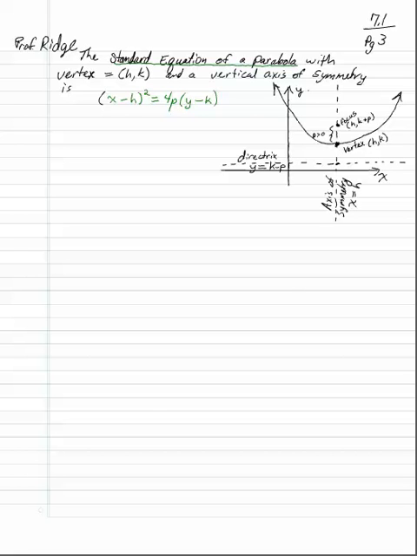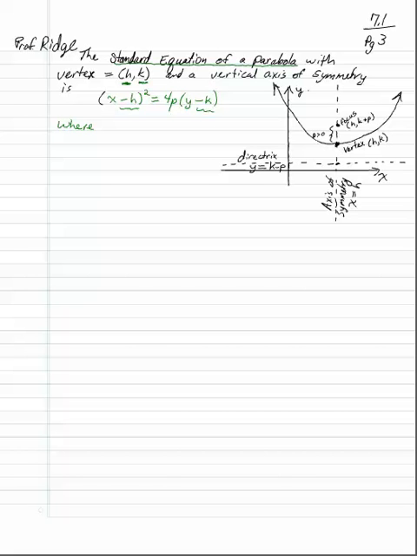Now note, the vertex is (h, k), and then in the formula it's x minus h and y minus k. So that tells you that you change the signs. If this is h, this is minus h. Here's k, this is minus k. So they're opposite signs. Just keep that in mind.